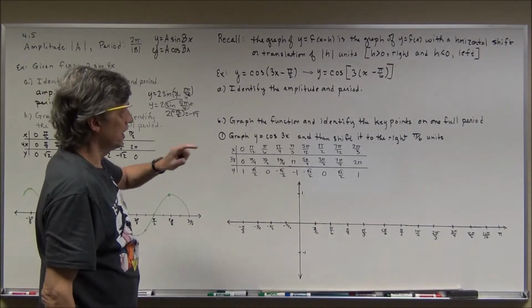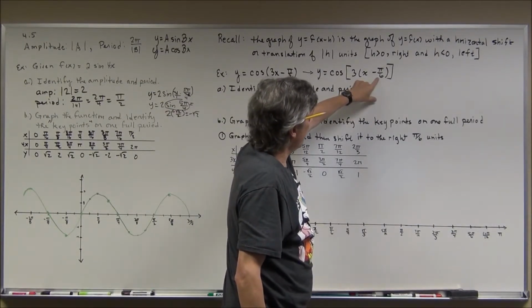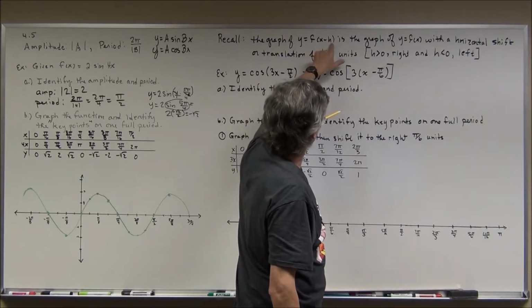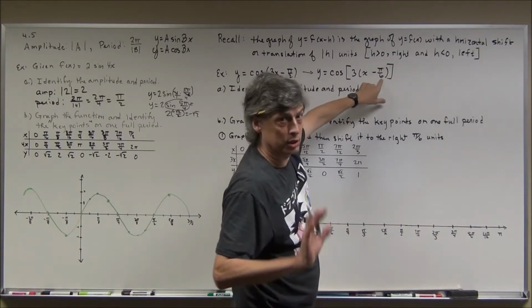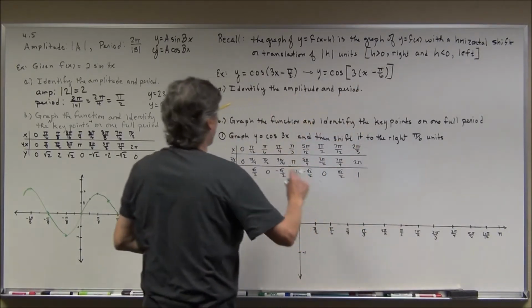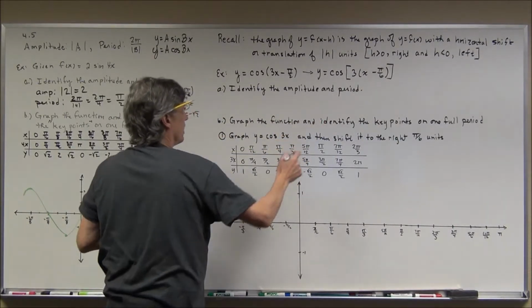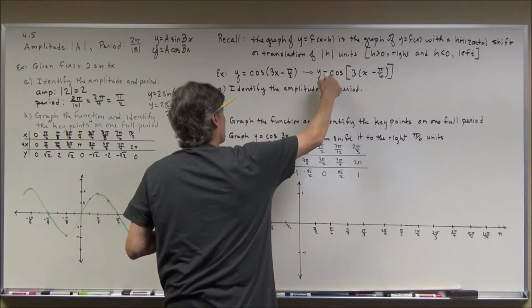So in this case, I can see that I have a shift of pi over 6 units, and because pi over 6 is positive, remember x minus the value, it's going to go to the right. This is going to shift to the right here. So what I'm going to do first, just like I did in the last problem, I'm going to identify the amplitude. Now, the amplitude is 1 because A here is 1.